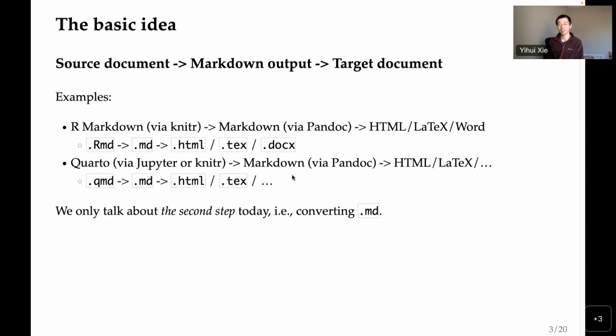Then the second step is similar to R Markdown: we convert Markdown to other document formats through Pandoc. Today I'm not going to talk about the first step, knitr or Jupyter. I'm only going to talk about the second step, that is how we convert Markdown to other document formats.